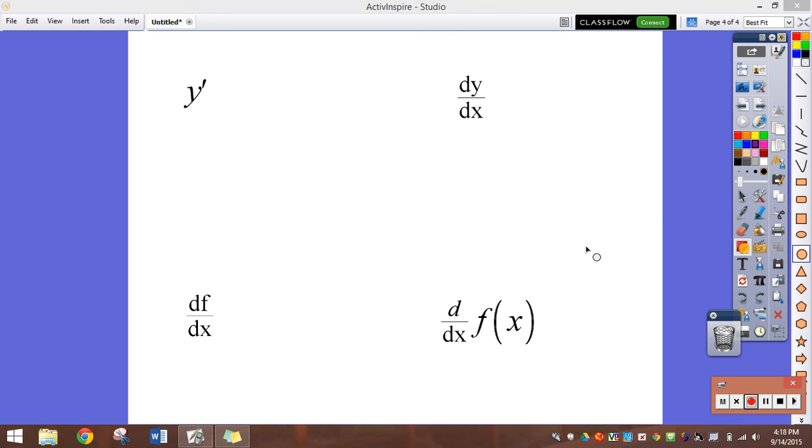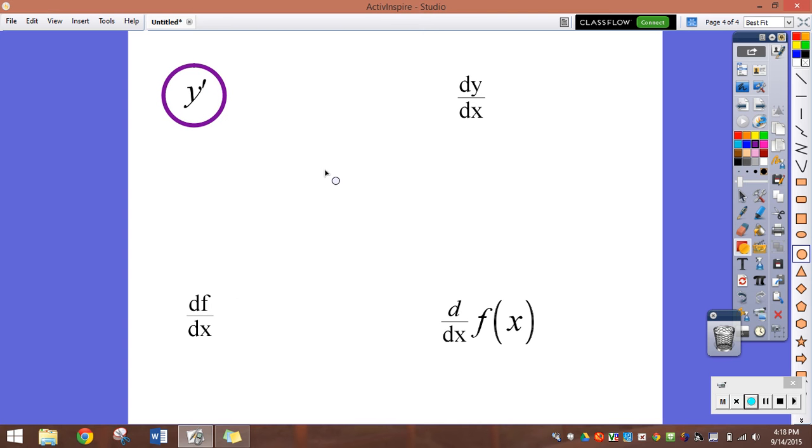So if they want you to find the derivative, or they want to indicate that something is the derivative, you could see it written in this way. It's just y prime. So instead of f prime of x, using y prime. But it does not indicate your independent variable. So even though we know we're looking at a derivative, we don't know what we took the derivative with respect to. And so it's not as much information.